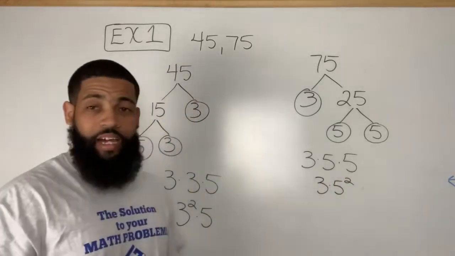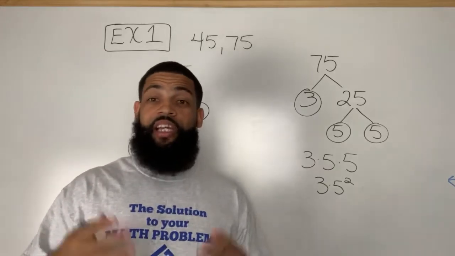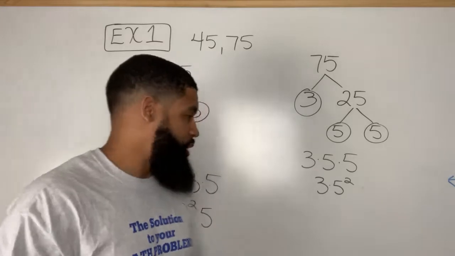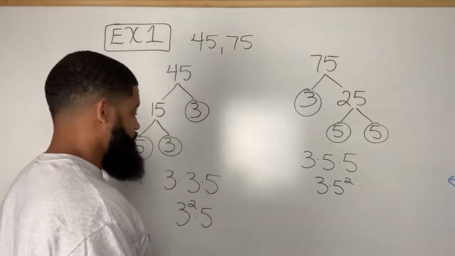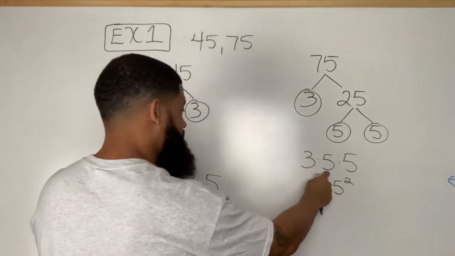Now, in order to find the least common multiple, we need to take the common factors and multiply them by all the other factors. The common factors in this case, they have a 3 in common, and they have a 5 in common.